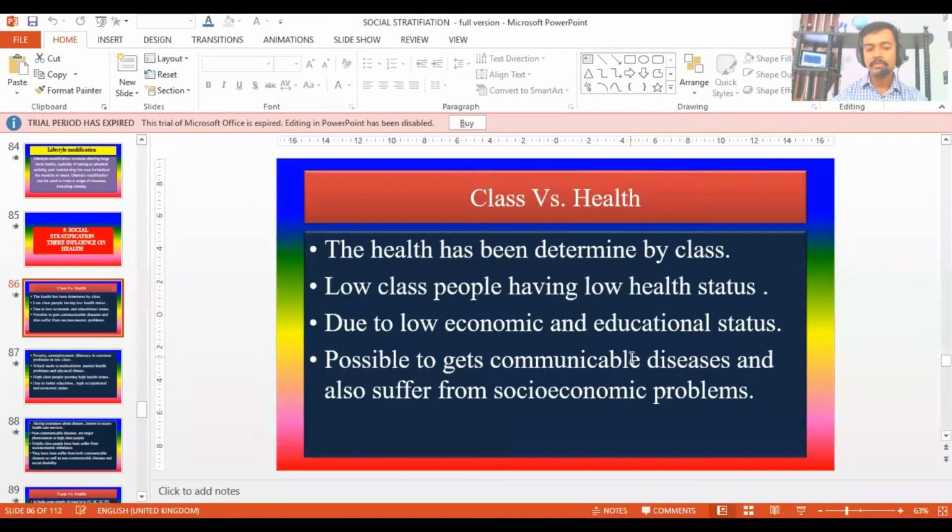So according to our syllabus, this unit is over. The next unit according to our syllabus is community. The study of community is a very interesting one, okay?